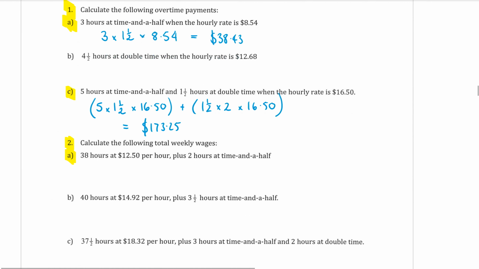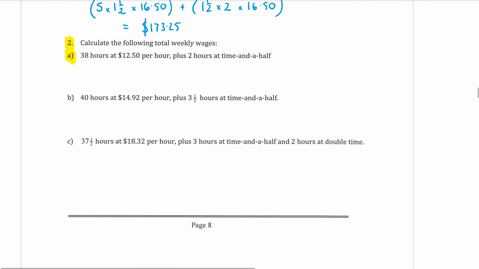All right, so question 2A. Calculate the following total weekly wages. So somebody's working 38 hours at $12.50. So they're going to get 38 times $12.50 for that. Plus, they work 2 hours at time and a half. So 2 hours, time and a half, times by their hourly rate, which is $12.50.